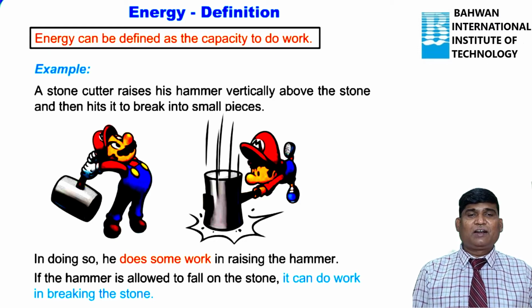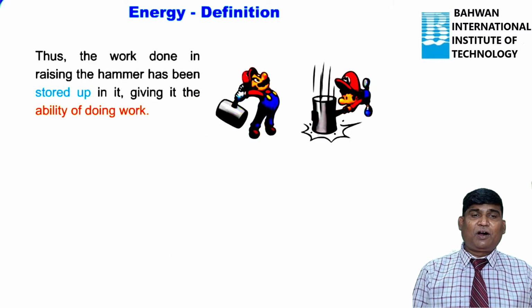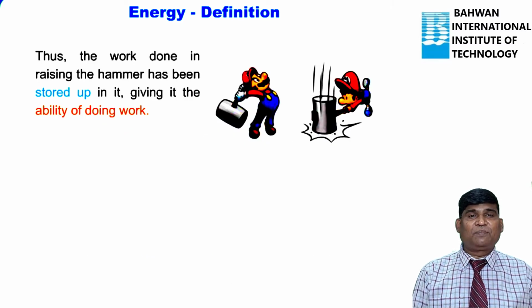So he did work in raising the hammer, and now that raised hammer, when it is allowed to fall on the stone, does the work of breaking the stone into pieces.